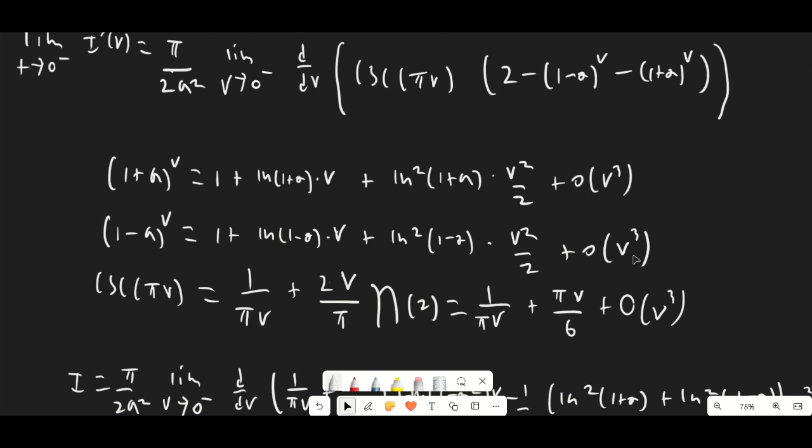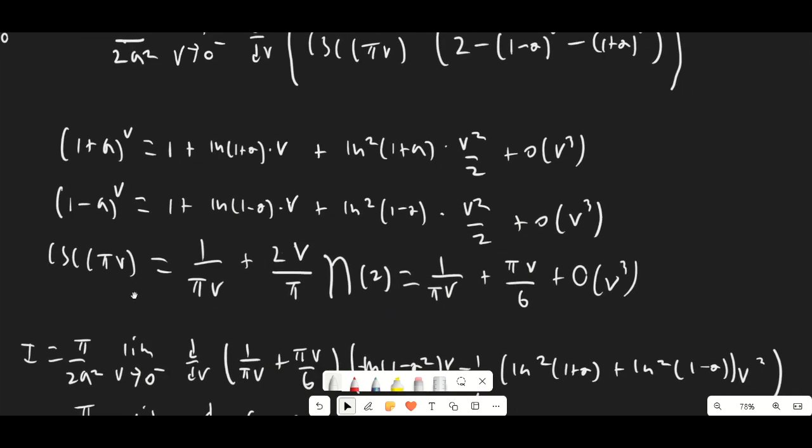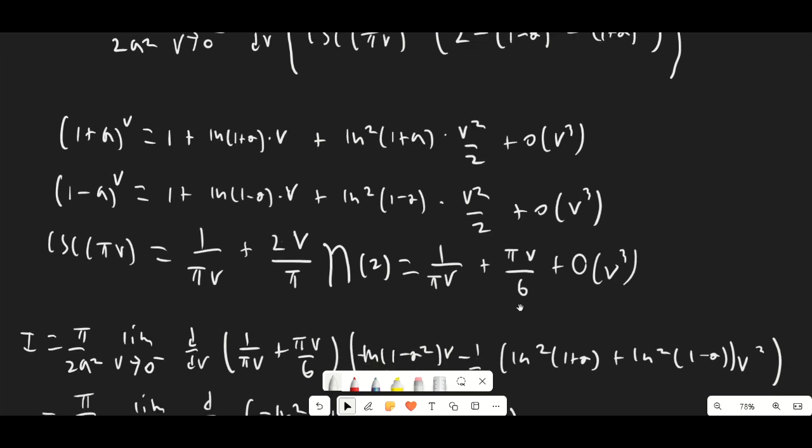Pretty much the same thing for 1 minus a, and for cosecant of v, we're going to use that definition that I showed you at the top, and when we do that, we're going to end up using eta of 2 right here, and once we plug everything in, we're going to get 1 over pi v plus pi v over 6 plus anything on the order of v cubed and above.